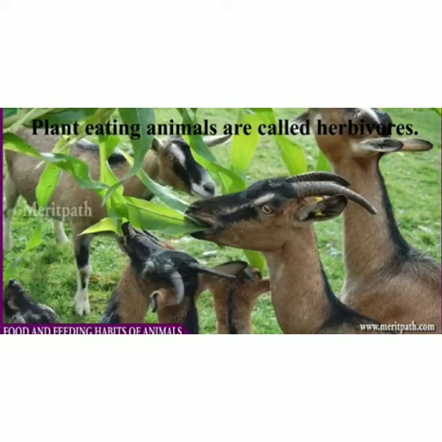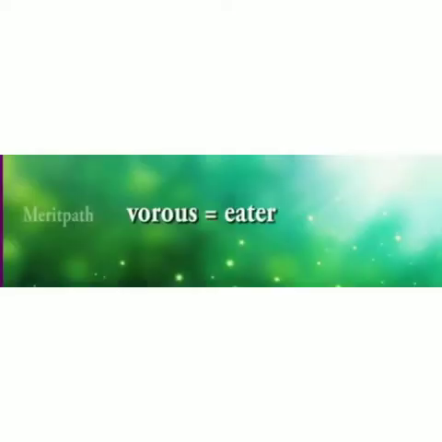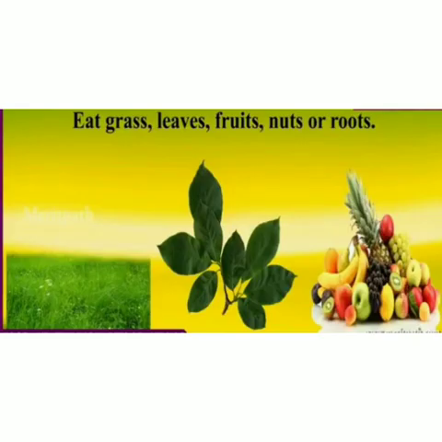Plant eating animals are called herbivorous. Herba means plant, vorous means eater. So, plant eaters are herbivorous. They eat grass, leaves, fruits, nuts or roots.